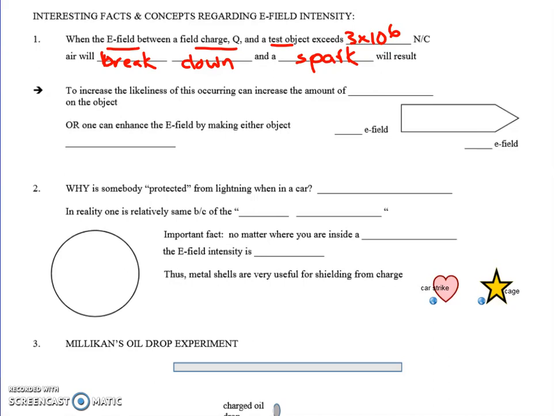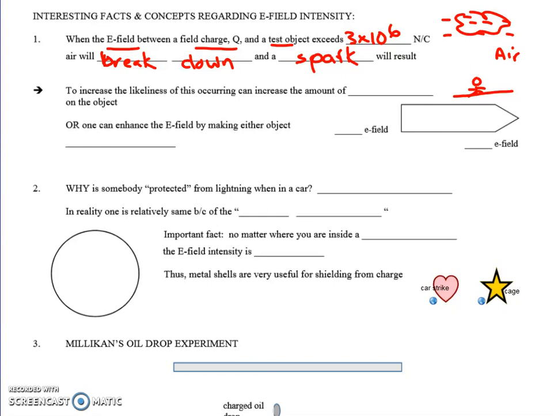So imagine this. We have a cloud. You don't have to draw this, right? Here is some object on the ground. It could be a person, it could be a tree, and you have air between them. And the air is a very good insulator, so all the charges that build up on a cloud shouldn't jump to the person.